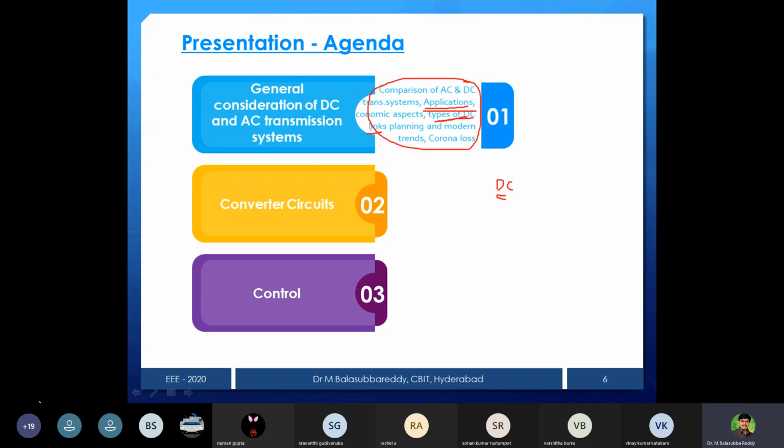Suppose the first one, let me call it the sending end, is a rectifier and the receiving end is an inverter, but bidirectional is also possible. At the receiving end you can change it to alpha less than 90 degrees, it becomes a rectifier, and at the sending end you make it alpha greater than 90 degrees, it becomes an inverter. Therefore power flows from the receiving end to the sending end. That's what the control strategies, all the scenarios and equipment are about.